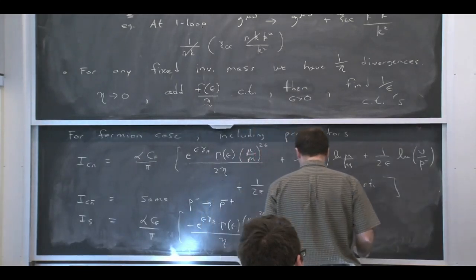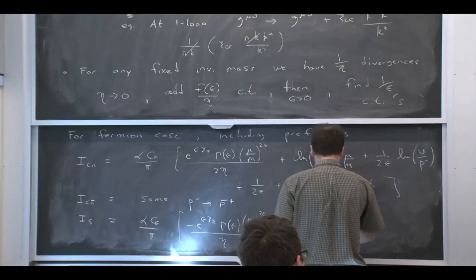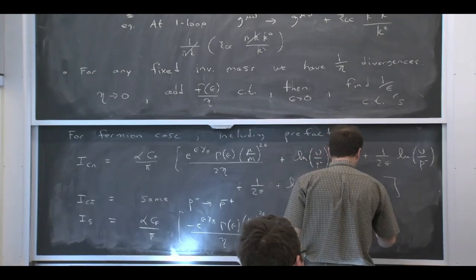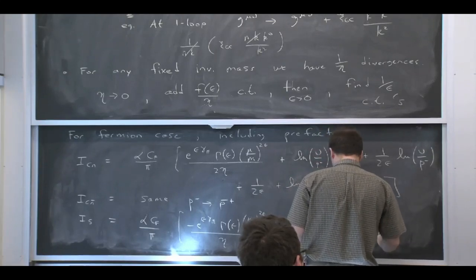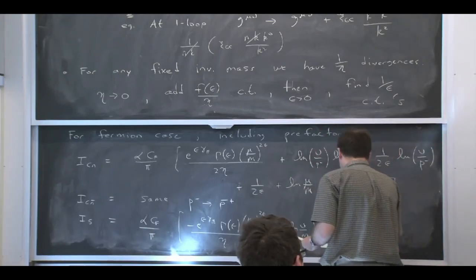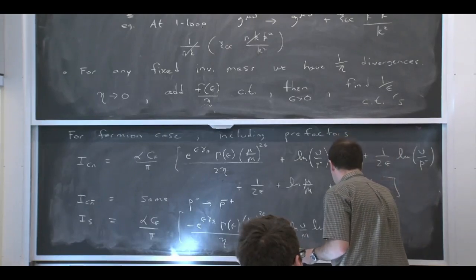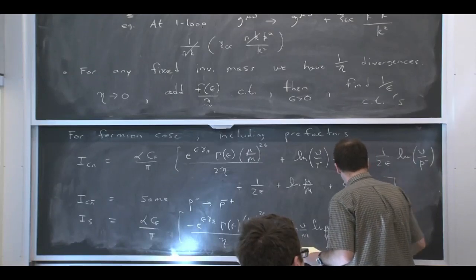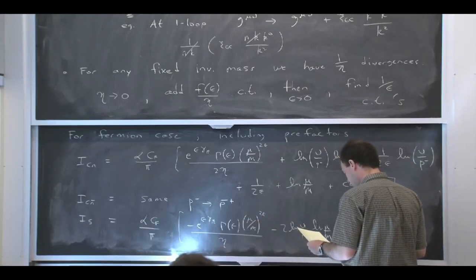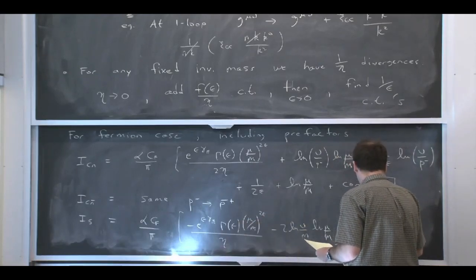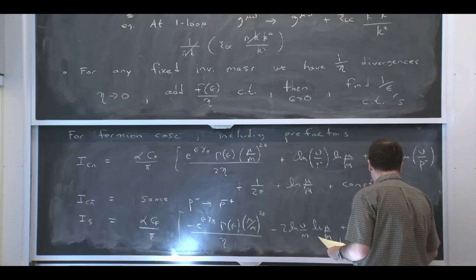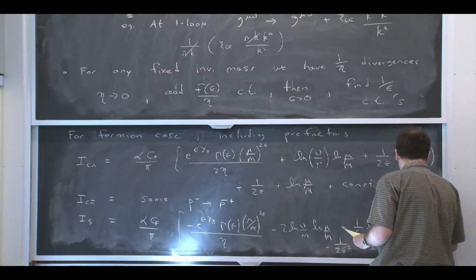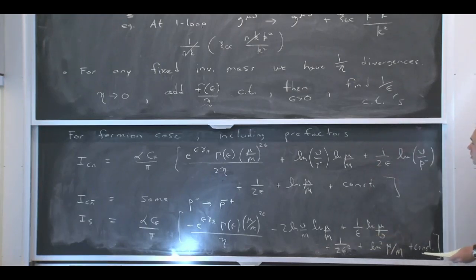The 1 over epsilon, 1 over eta pole comes with the opposite sign, and it also comes with a factor of 2 different. And in this case, there's actually a 1 over 2 epsilon squared term. So there's also a double log of mu over m. And then there's plus constant. OK?